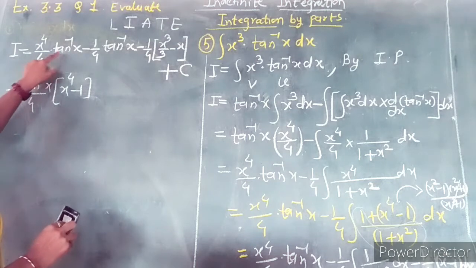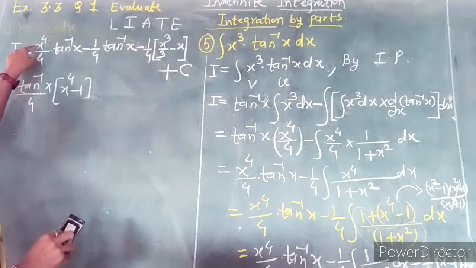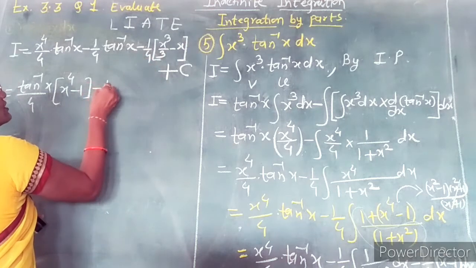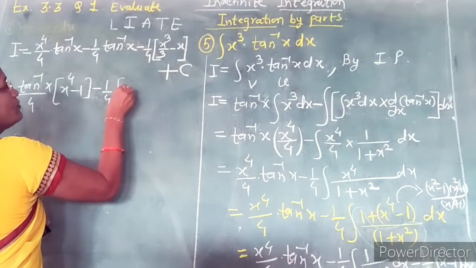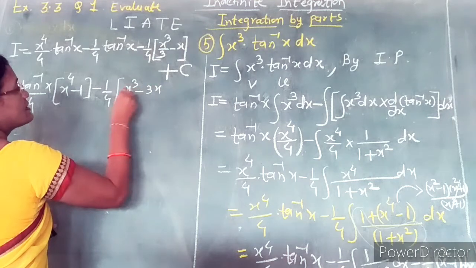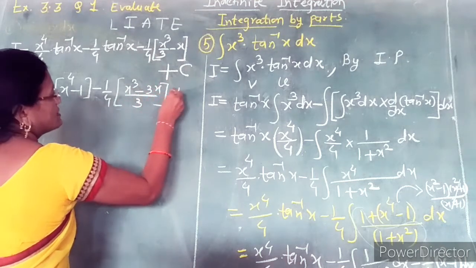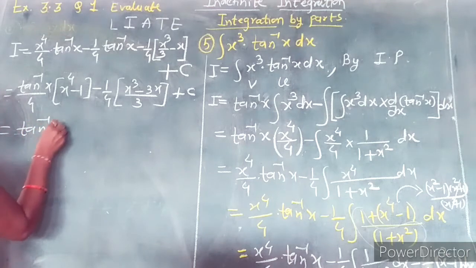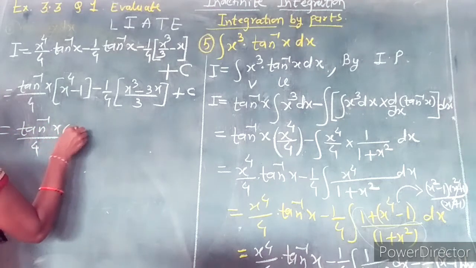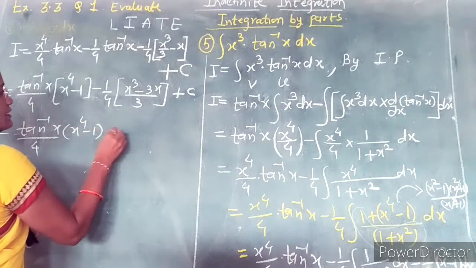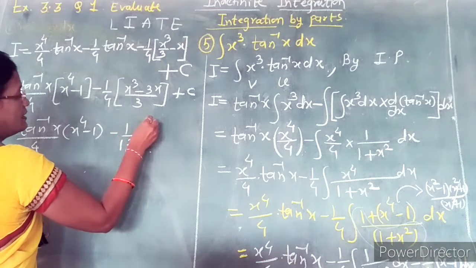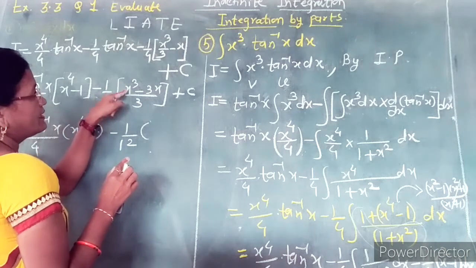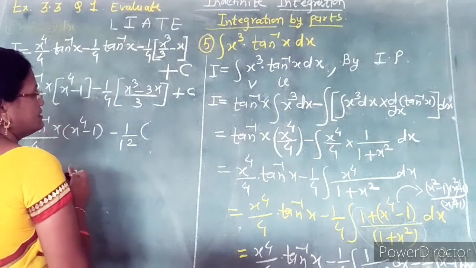Now for this term we simplify: 1 by 4 into x cube minus 3x upon 3. So again the simplification becomes tan inverse x upon 4 into x raised to 4 minus 1, minus 1 by 12 inside the bracket, where x is common. If we take x common, that remains as it is.